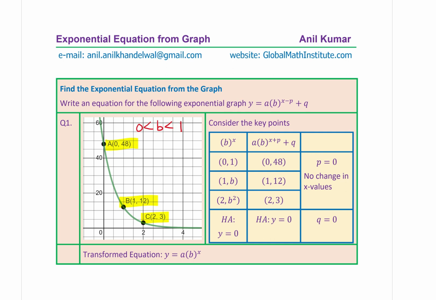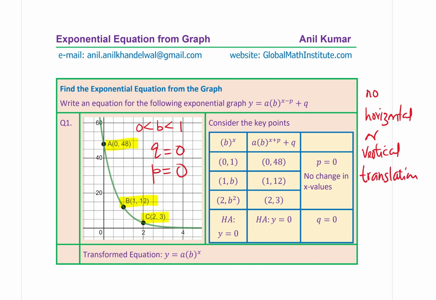And we know from here that the value of q is equal to 0 and the value of p is also equal to 0, since there is no horizontal or vertical translation.